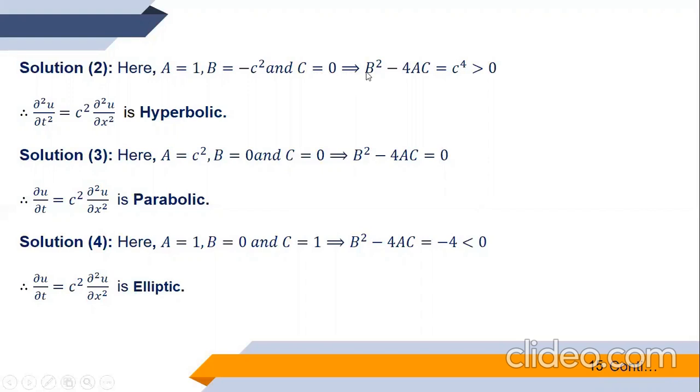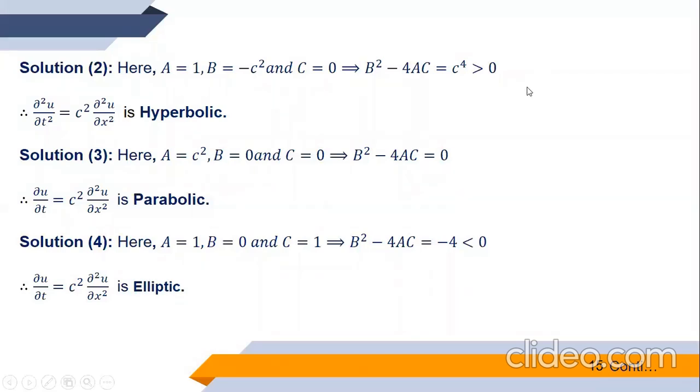So we apply B square minus 4AC. B is 0, A is equal to 1, C is equal to minus c square.